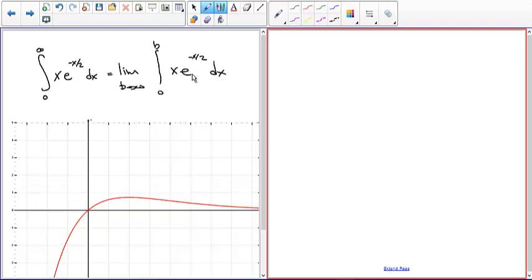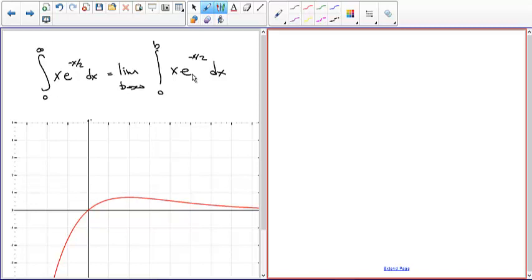Partial fractions, well, there's no fraction, so it's not going to be that. Trig substitution, there's no square root of 1 minus or plus x squared, so it's not going to be that. Trig integration, well, it's not going to be that because there's no trig functions. What's the only other thing we've done in chapter 8? Yeah, integration by parts. And that involves the product of two terms.